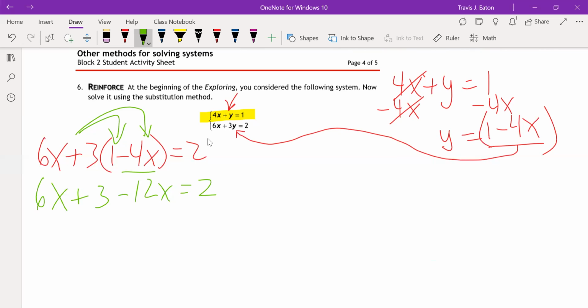Just bring the 2 down. Now I can combine my like terms. 6x combined with negative 12x will give me negative 6x. And then I'm going to bring my positive 3 down and my 2 on the other side of the equal sign.